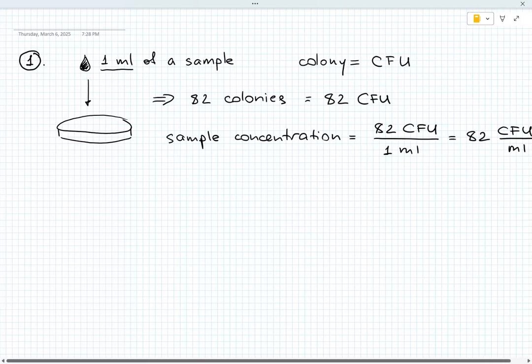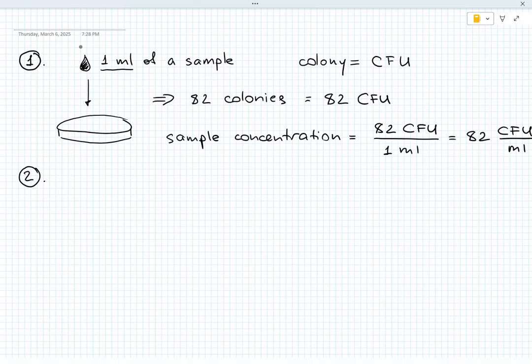Okay, that was simple. Let's get to problem number 2, where we introduce the concept of dilutions. So 1 milliliter of milk is added to some saline. Specifically 9 milliliters of saline. Would you agree with the statement that milk got diluted?